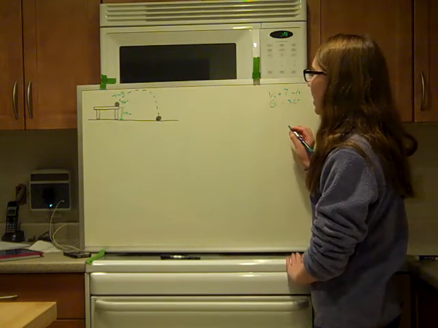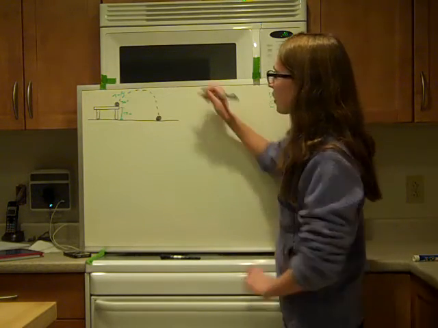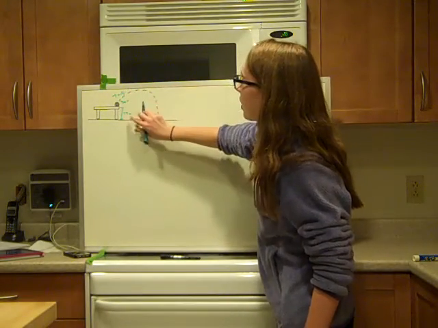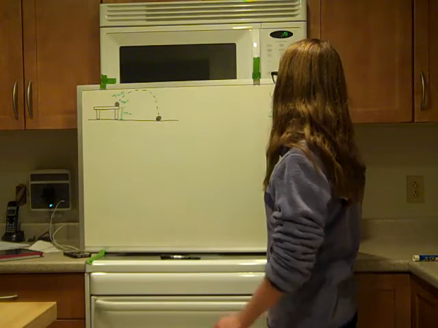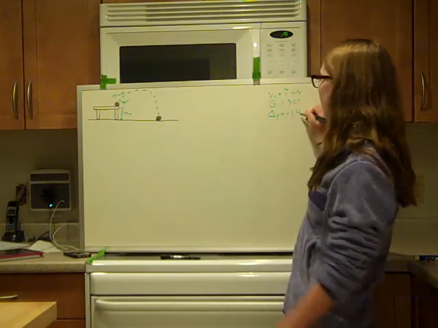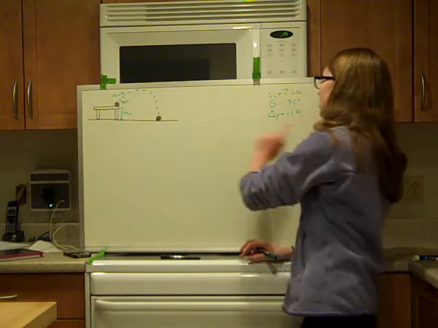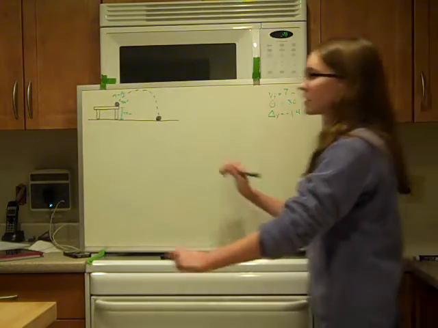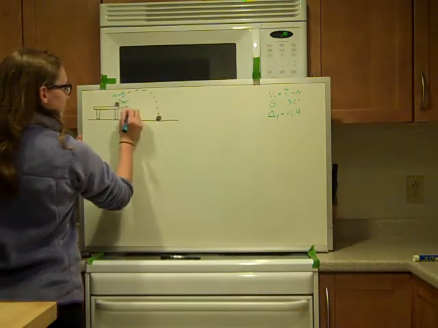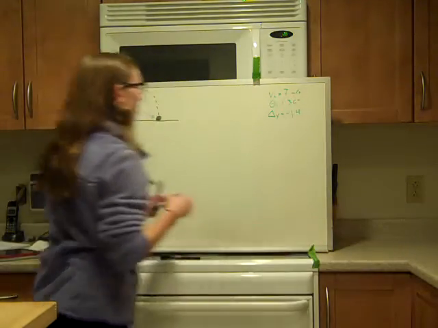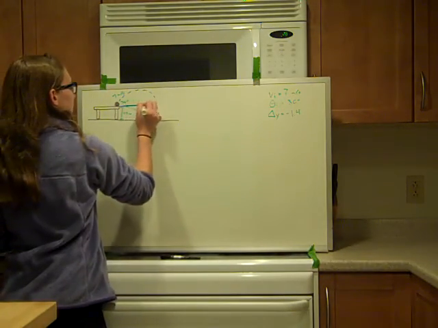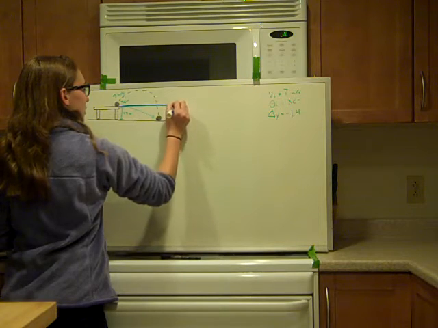We also know that the ball is going from here to here, so the negative of the height of the table is going to be delta y, because it's going down 1.4 meters. This line right here is equivalent to 0.